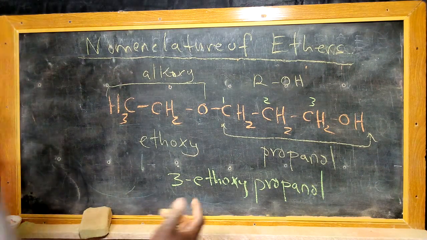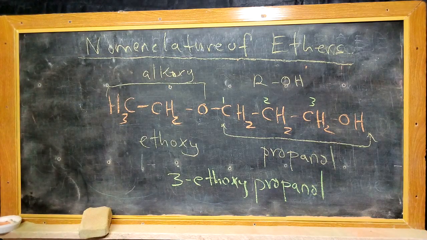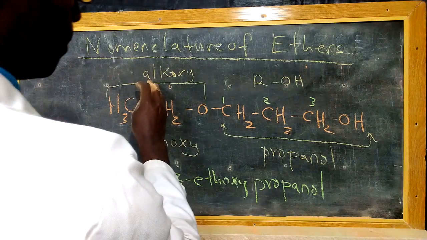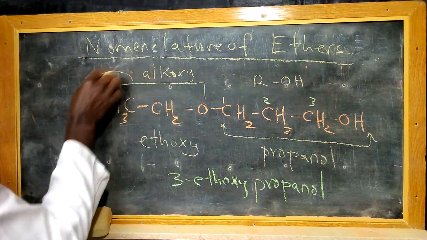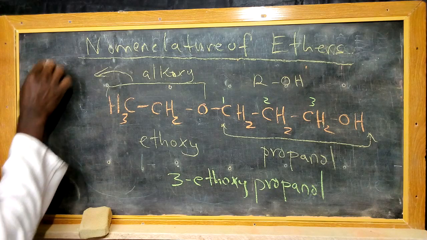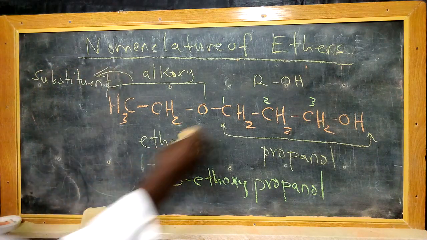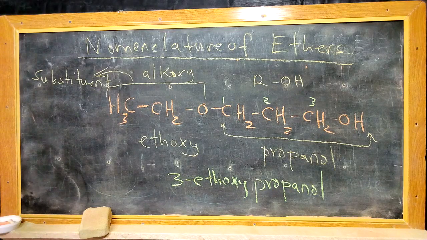Generally, this last example that we are supposed to look at also follows the same rules, which of course we have said: the longest chain, which we derive from the alkane series, gives the name apart from the part which is giving a substituent. This other section gives the other name of that particular compound.